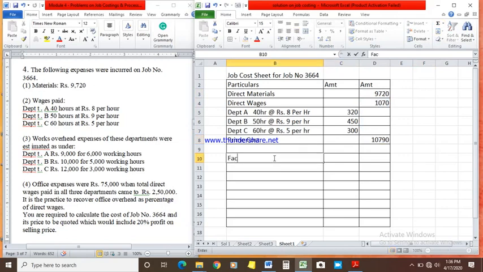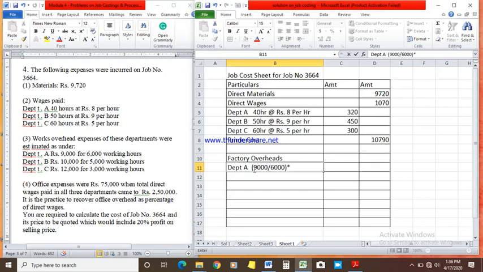Now factory overheads. Department A: it is 9,000 rupees for 6,000 working hours. So 9,000 divided by 6,000 gives the per hour work rate.